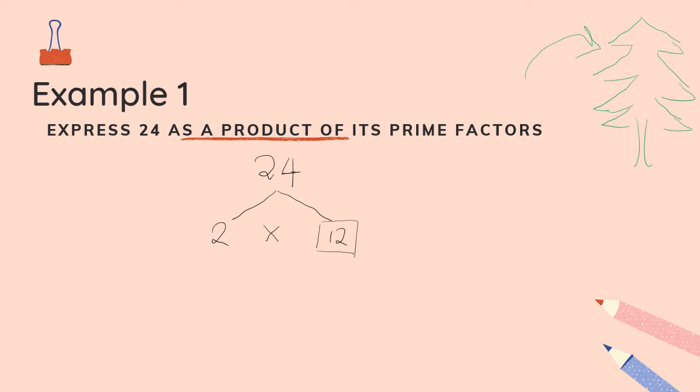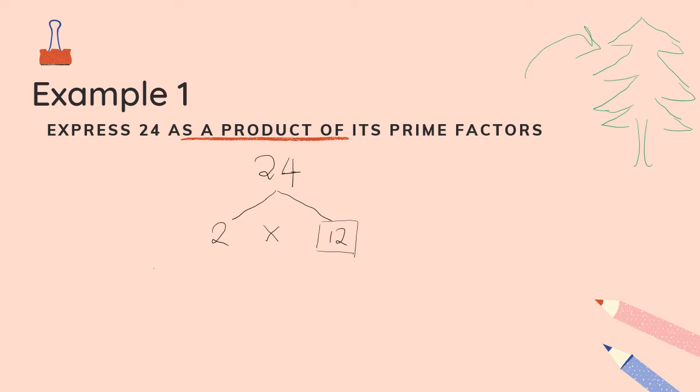Now, 2 is already a prime number, so you do not need to further branch out. This is what I call branch out. This thing is called branching out. So you do not need to branch out number 2 because 2 is already a prime, like the example we did in the previous slide just now.